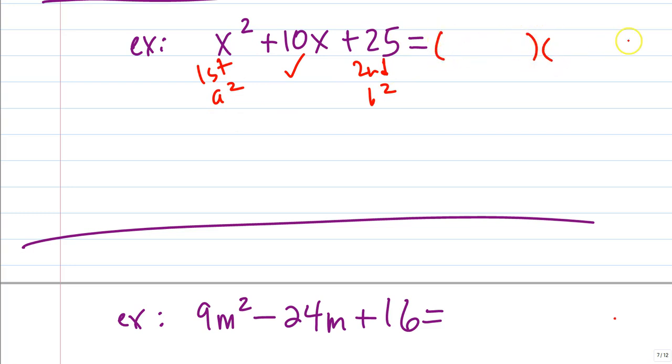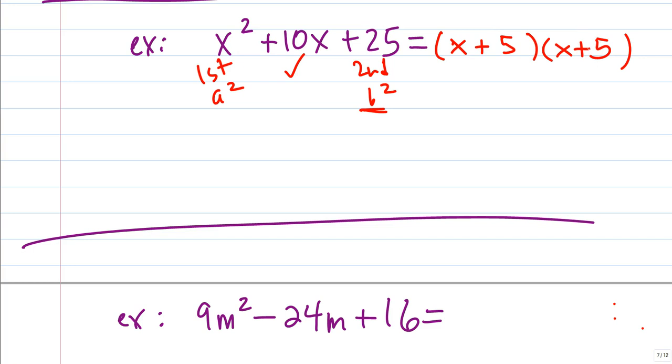So, what multiplies to make x squared? What multiplies to make 25? Well, there could be 1 and 25, or 5 and 5, but it's something squared. Wouldn't it be nice if it were just 5 and 5? Well, check it. Could 5 times 5 make 25? Yeah. Could it make a positive 10? Yeah, if they were both positive.